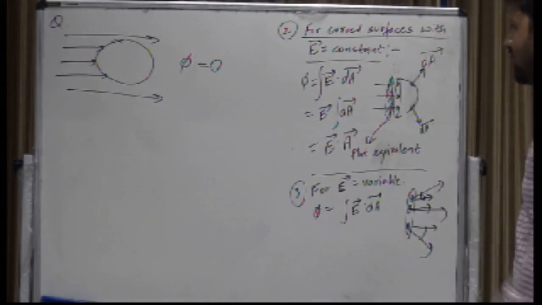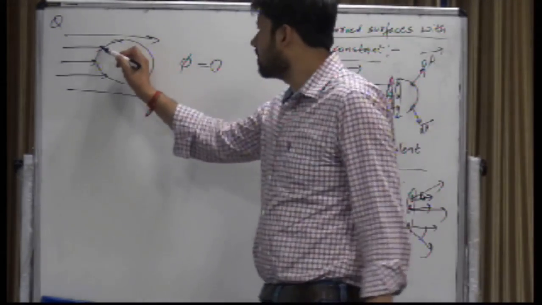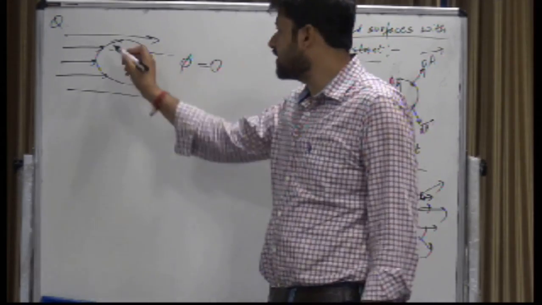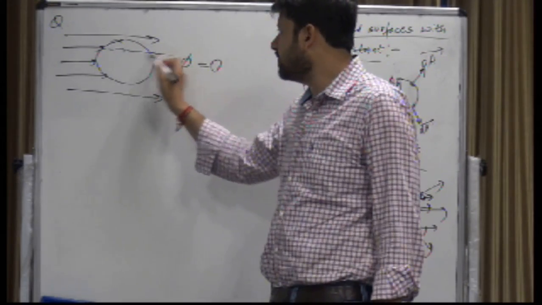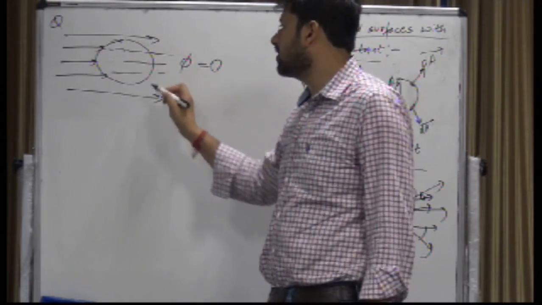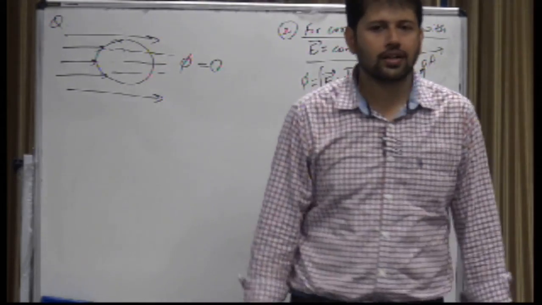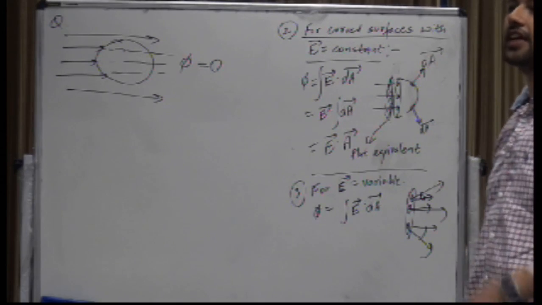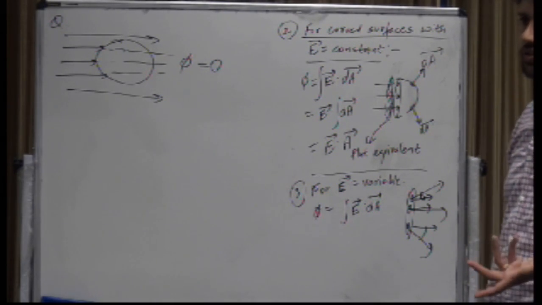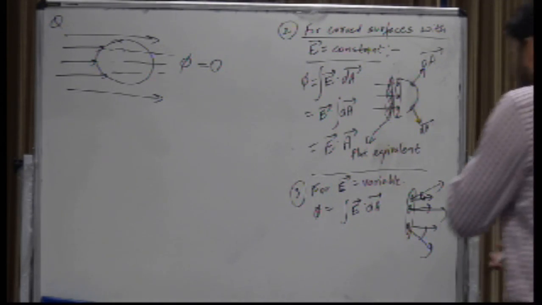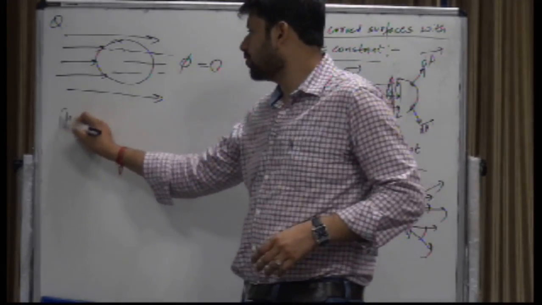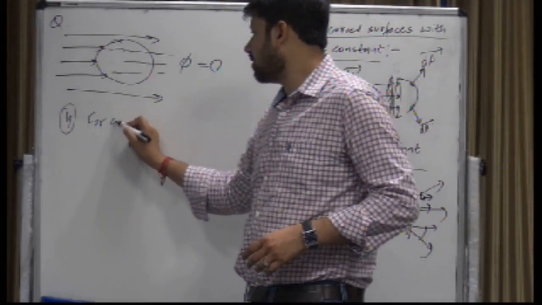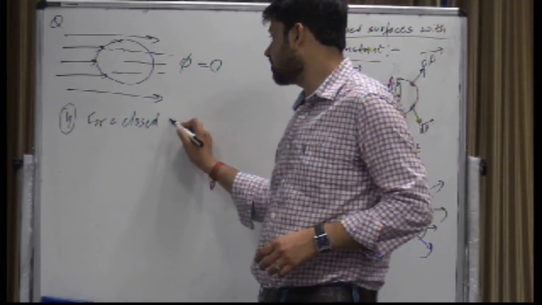Don't you think so? Field lines entering and leaving, entering and leaving. So flux through a closed surface is zero unless it is having some charge inside. Obviously, then it won't be zero. So make it your fourth point for a closed surface.